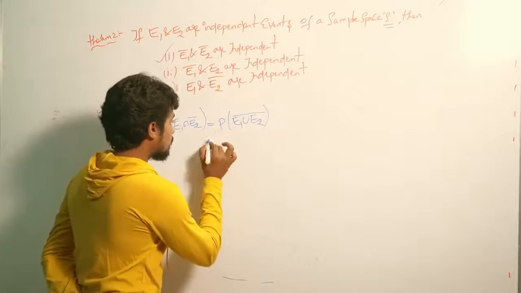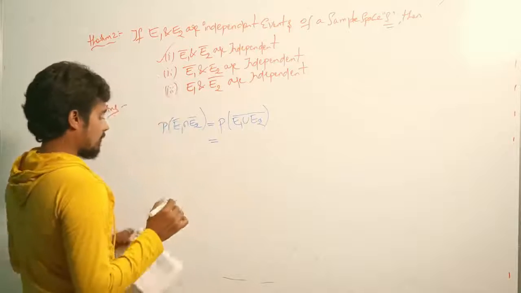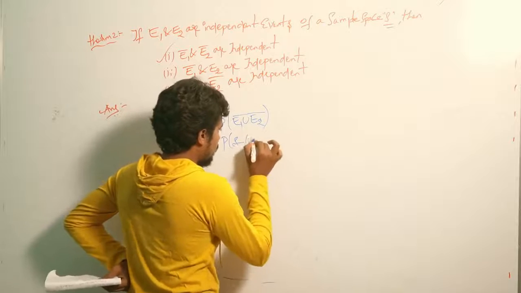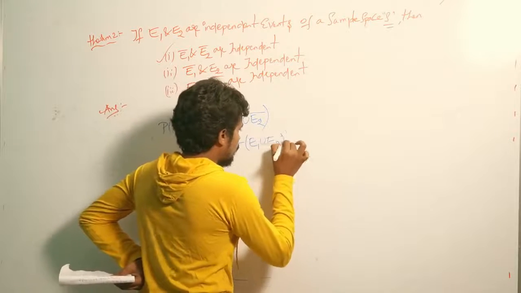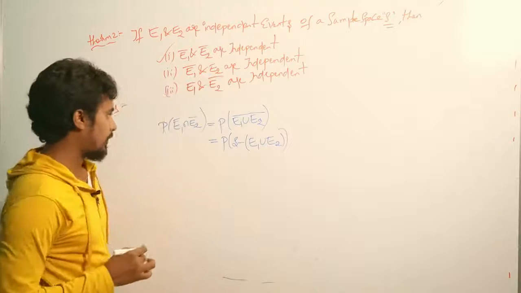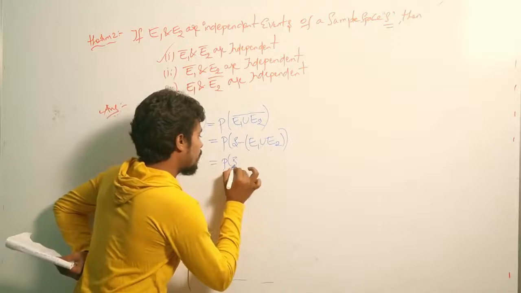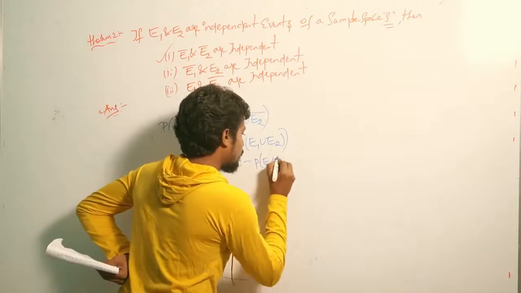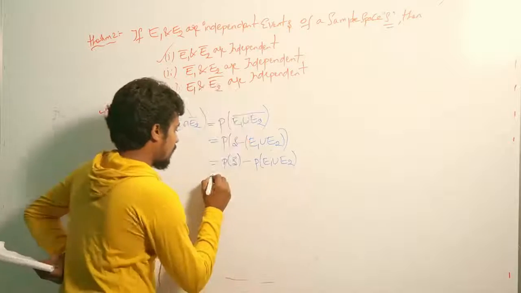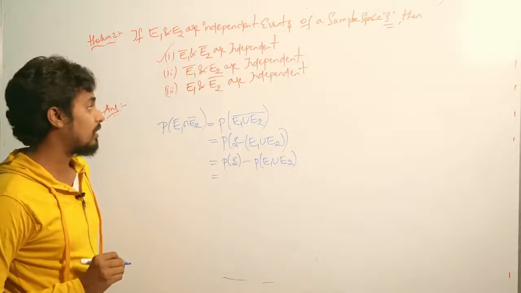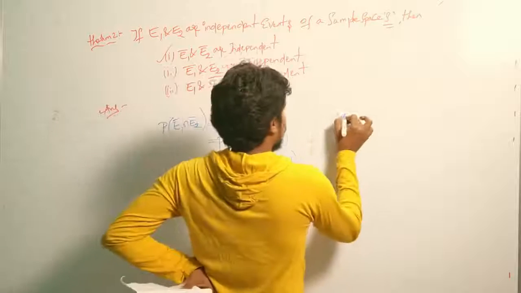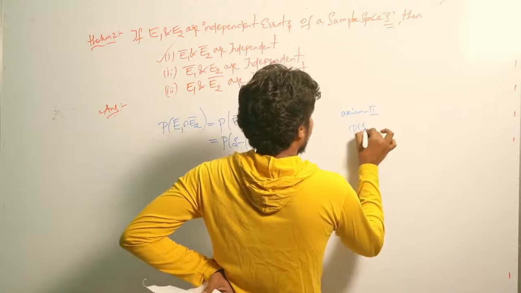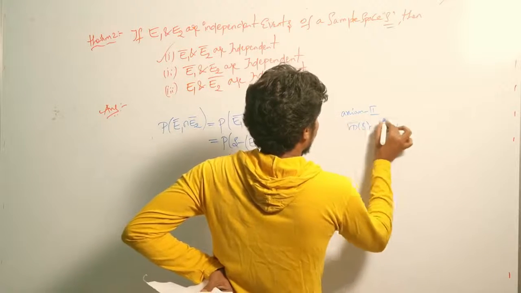Then how do you write this? This will be the P of S minus E1 union E2, right? This will be the P of S minus P of E1 union E2. You already know from axiom 2 of the axioms of probability that P of S is equal to 1.